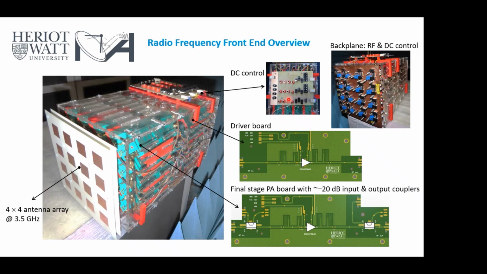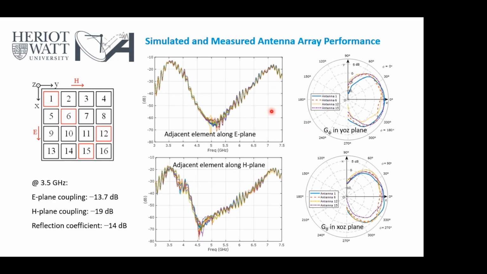Before we assemble everything together, we have measurements for each component in the testbed. This is the measurement for the 4x4 antenna array we have. Here for simplicity, we only show the highest coupling along the E plane and H plane.